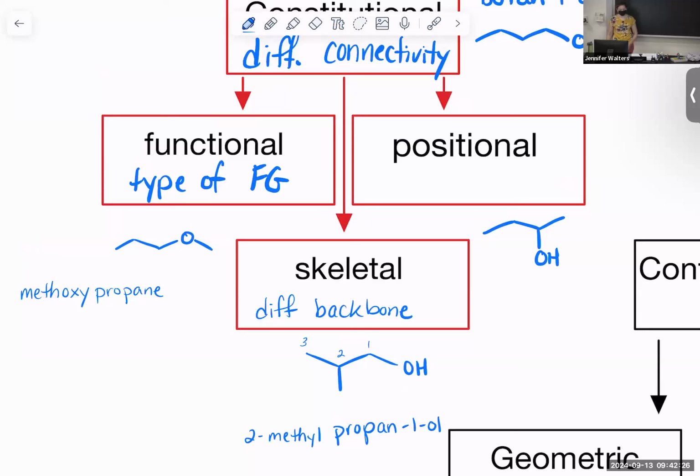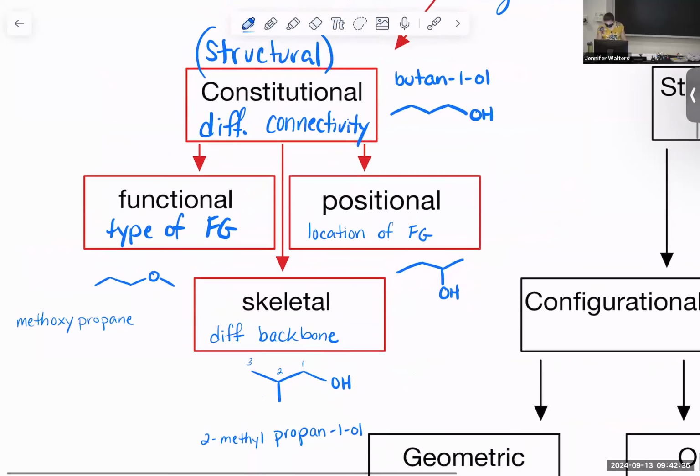Positional is just where you move the location of your functional group. So how would you name that molecule? 2-butanol or butan-2-ol?